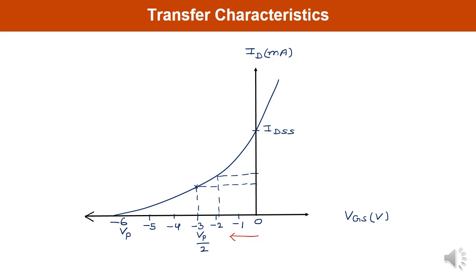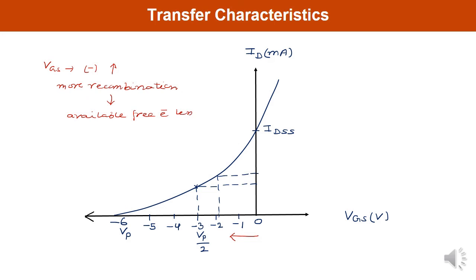Let me write it here. When VGS is negative and you are increasing the negative potential, then recombination will be more. Recombination is more, it means available free electrons are less.